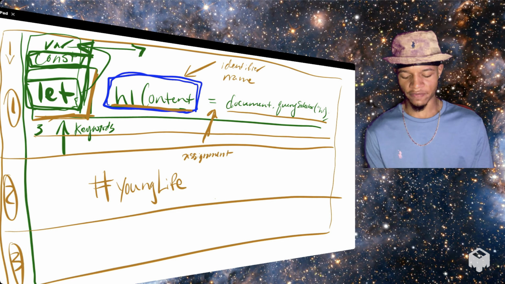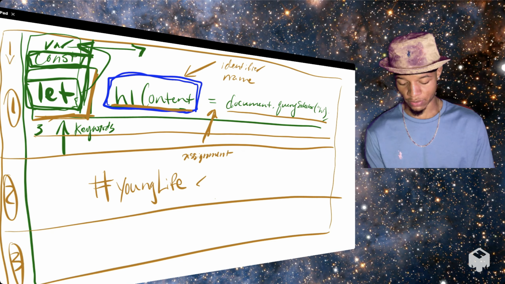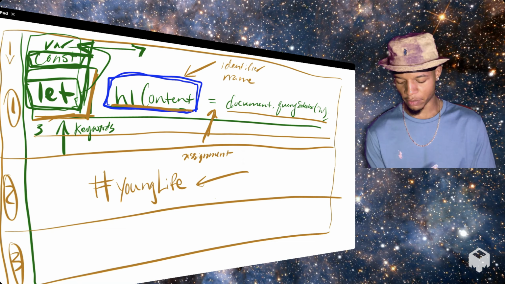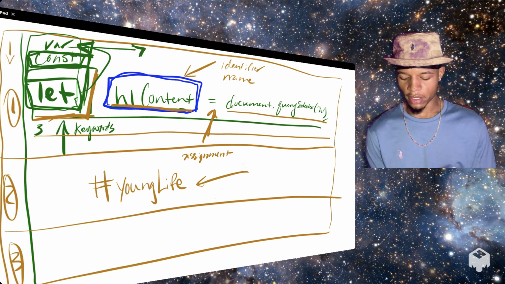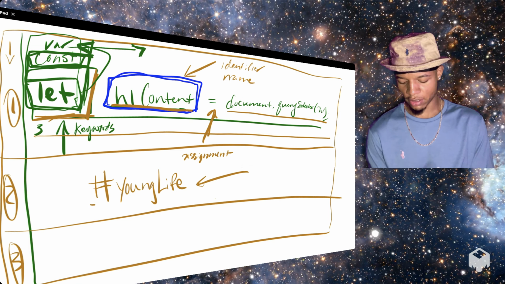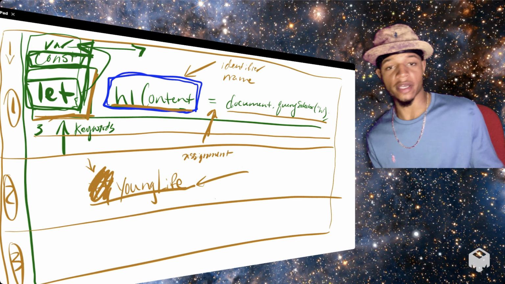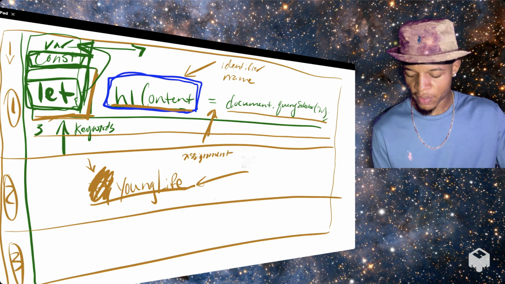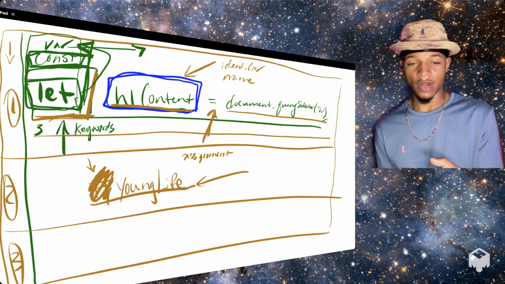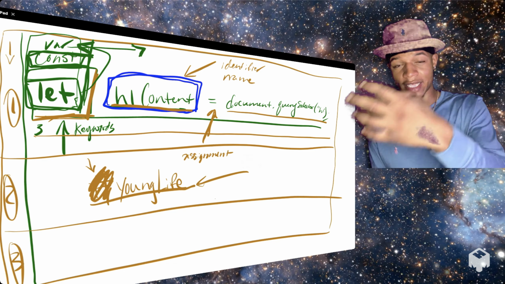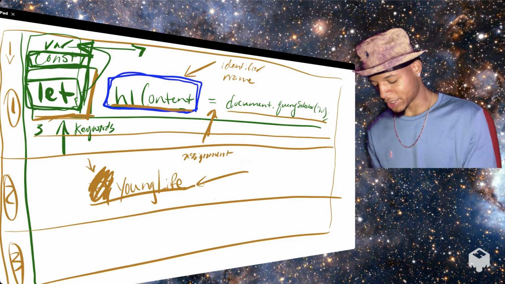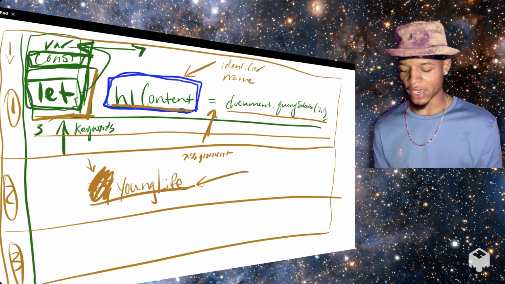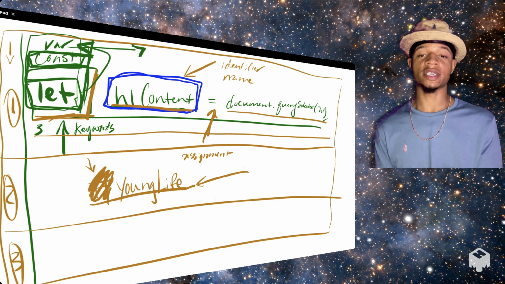Now, you can't start a variable with something like this one right here. That's not a variable because it starts with the hashtag. But if I took the hashtag off, youngLife is an acceptable variable name. So this variable is describing the data it's holding. h1Content is pointing to the data document.querySelector h1.